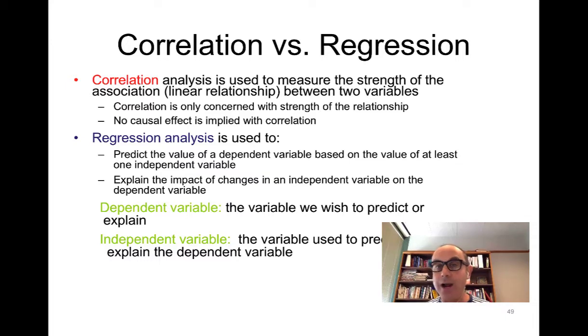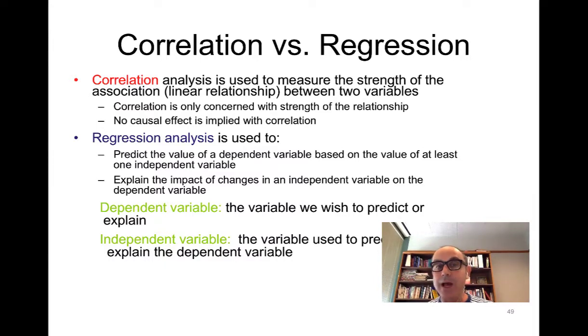So, the idea of correlation versus regression. In correlation, we measure the strength of the association between the two variables. In regression, in comparison to correlation, we are making predictions about the values of the independent and the dependent variables and how they affect each other.